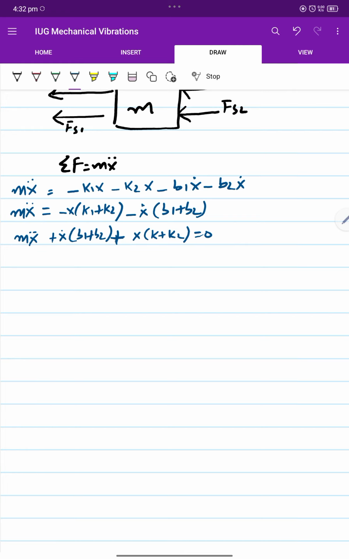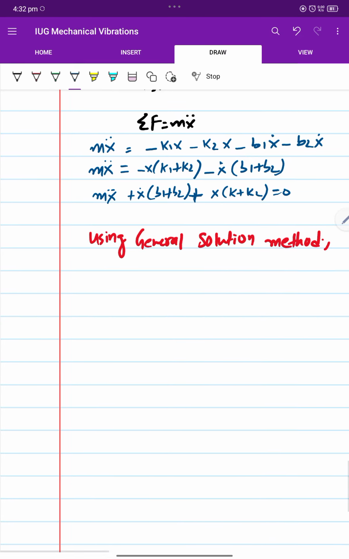And the second thing is we can linearize if we are using the general solution method. Using the general solution method instead of Laplace, we divide the whole equation by m, so it becomes x double dot plus (b1 plus b2) divided by m into x dot plus (k1 plus k2) divided by m into x equals 0.